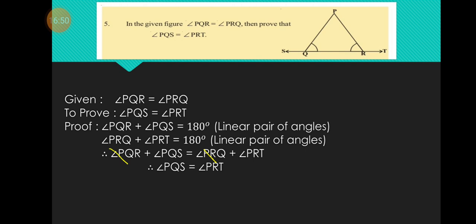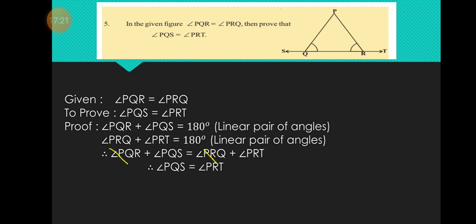But look here, children, exterior angle PQS and PQR forms a linear pair. So the sum is 180. PQR plus PQS is equal to 180 degrees, linear pair of angles. Similarly, PRQ plus PRT also forms 180 degrees because they are also a linear pair of angles.